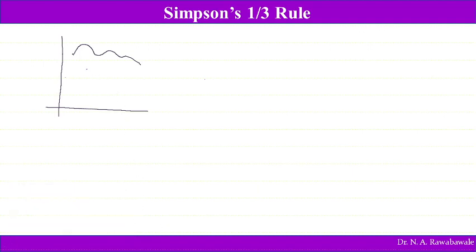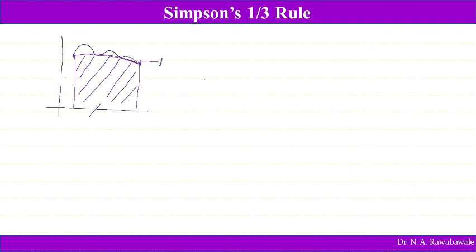So now we want to find out this area below this curve between these 2 points. To find the area, we approximate this function with the help of a parabola. I assume that it is a parabola like this passing through these points. Then the area below the parabola is calculated, and it is said that the area below the function f of x is equal to the area below the parabola.